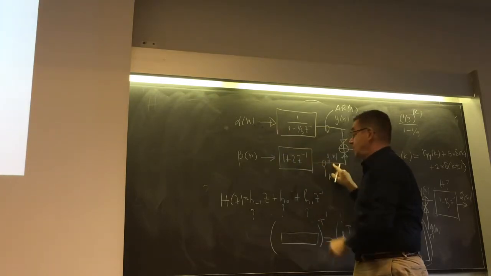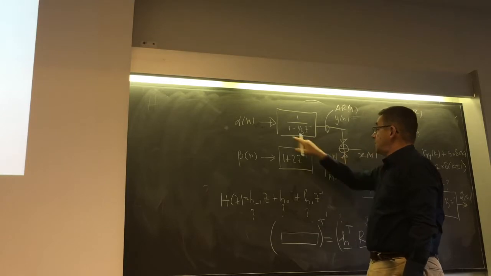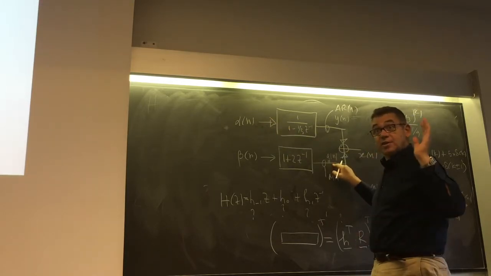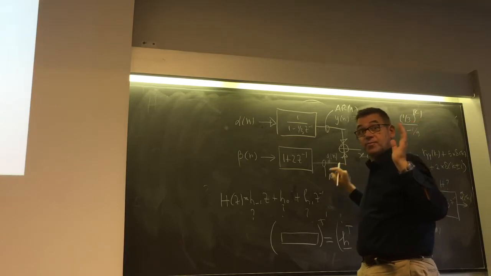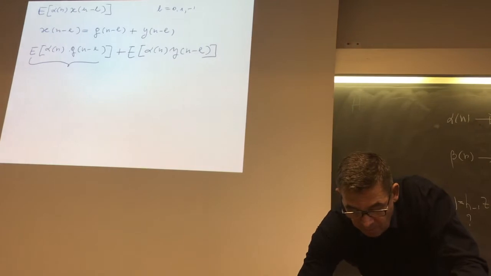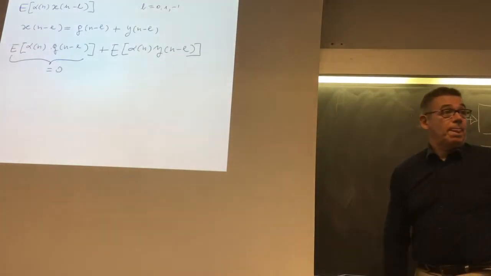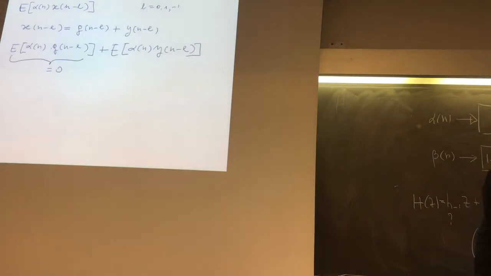So for this reason, this correlation between alpha n and gn, regardless of the delay, is 0. So this term is equal to 0. And what about the other? So here I have a yn. Let's see what is yn.